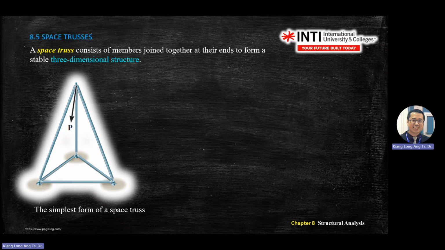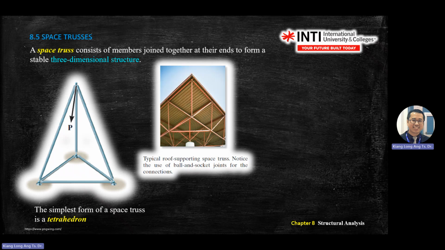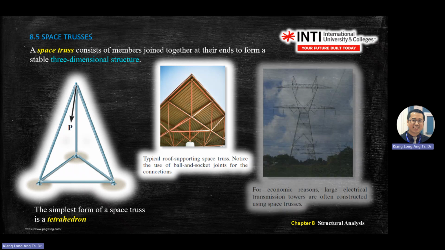Also the simplest form, if you use the simulation, finite element analysis software, they will start with this simplest form. So you can see all these simplest forms in the building structure almost everywhere, because they are light and they are very easy to assemble.